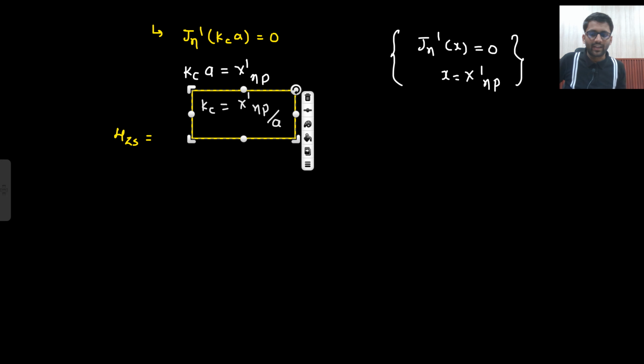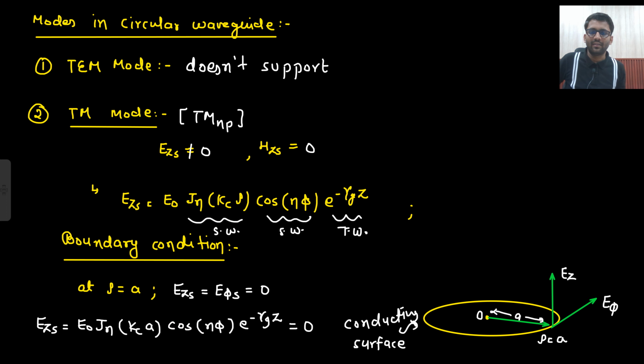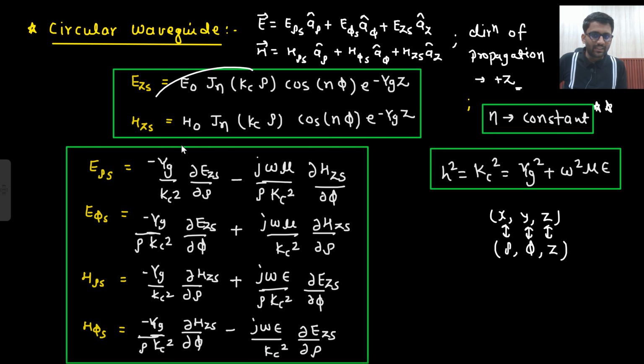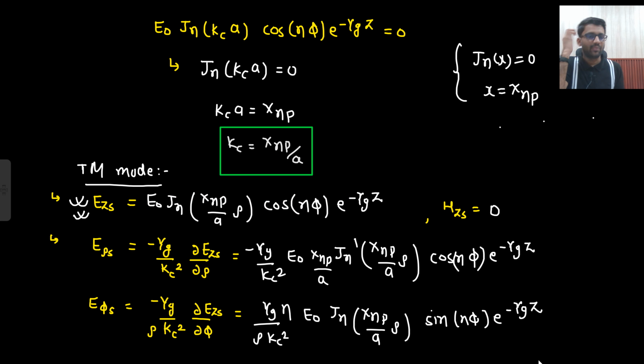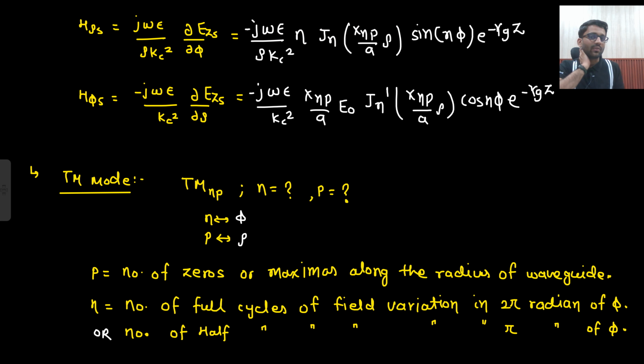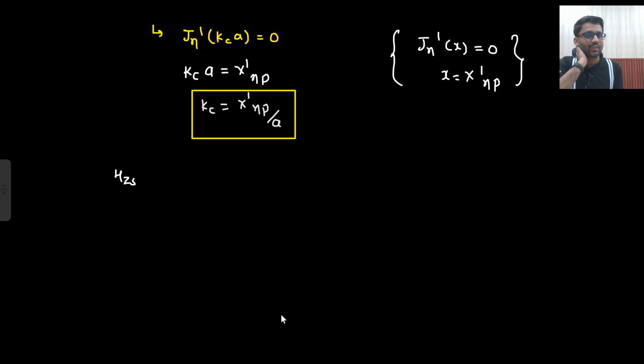So what did I tell you? The expressions of Ez dash and Hz dash look similar. When we were on this slide, I told you that these expressions look similar, but the Kc value here will be different. This will make the difference. So in transverse magnetic mode, when Ez was existing, what was the value of Kc? X np by A. Now in transverse electric mode, when Hz is existing, what is the value of Kc?